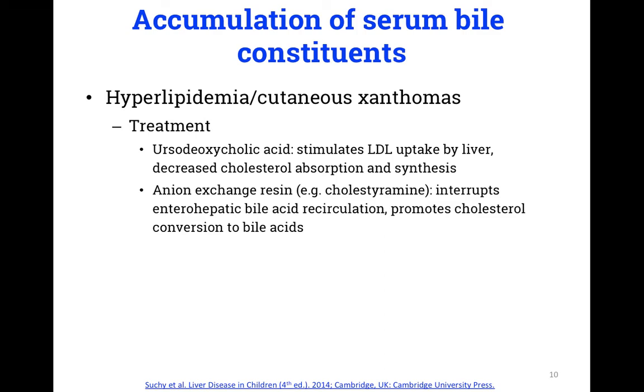And the thought there is that this reduces the circulating bile acid pool, thus reducing the negative feedback that bile acids exert on bile acid synthesis within the liver, i.e. getting bile acids out, so you need to make more bile acids, so you're shifting the balance to increase cholesterol conversion to bile acids, and thus you're reducing the cholesterol levels.